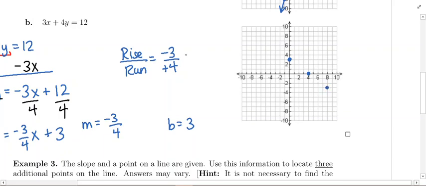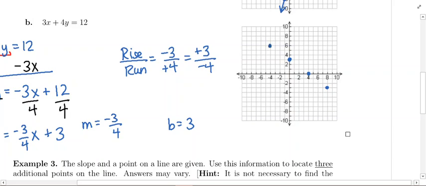If you did the opposite direction, see where my cursor is? If you're trying to generate points out here, you can think of it as having positive rise and negative run. 3 divided by negative 4 is still negative 3/4. So from this y-intercept, you could alternatively go up 3, left 4.